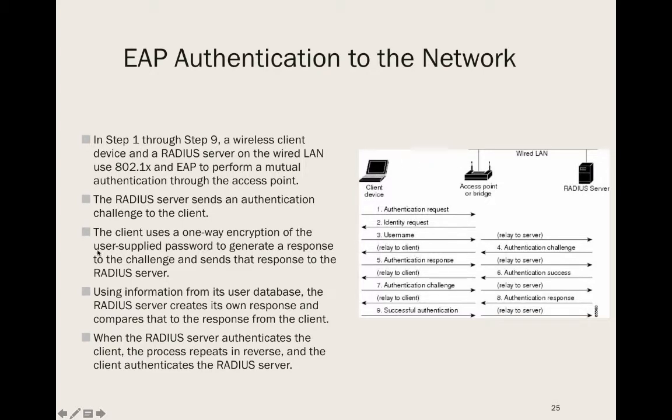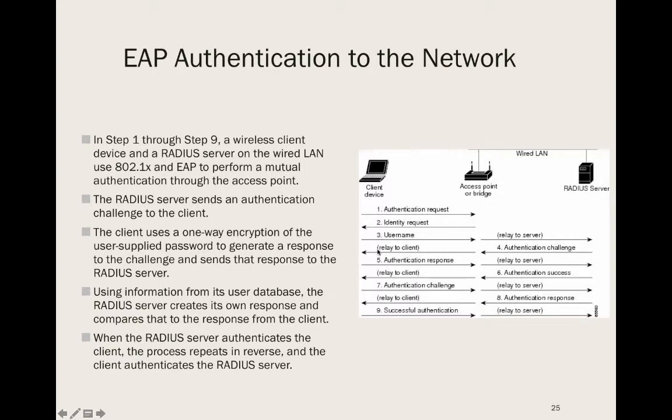Then the client uses one-way encryption of the user's supplied password to generate a response. Before that, the RADIUS server sends an authentication challenge to the client. This is when it receives the username. First, the RADIUS server needs to receive some information from the client, to make sure that, okay, I have this username, so let's send an authentication challenge.